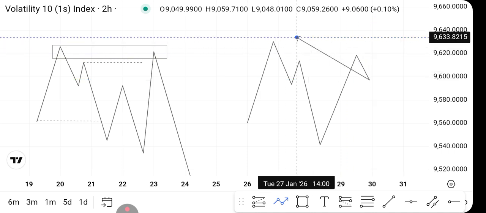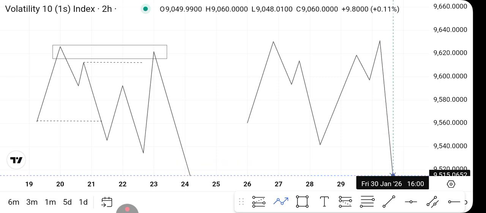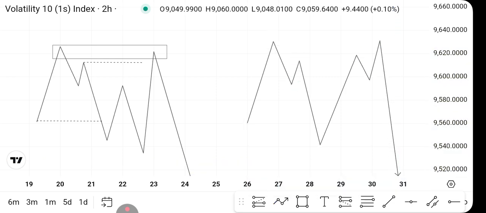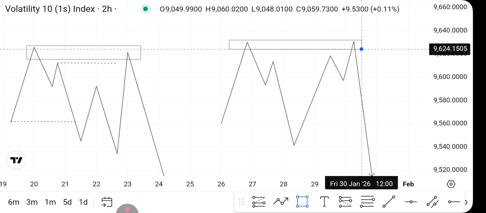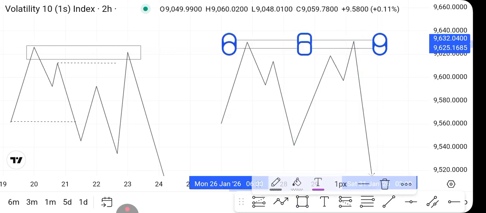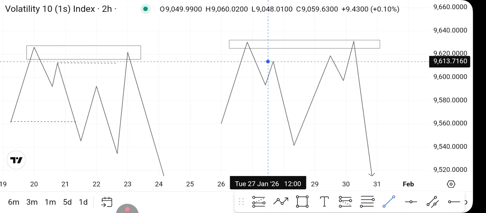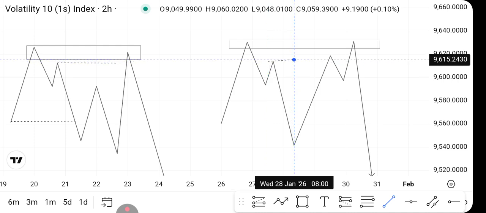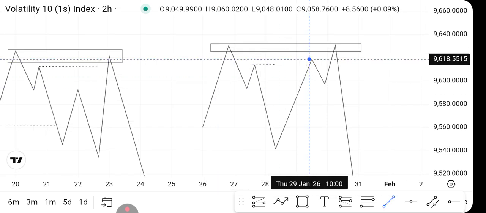Move, tap on the origin, and then we have this there. So the market moves from the origin. We have the inducement here, right? And then we have the sweep here.